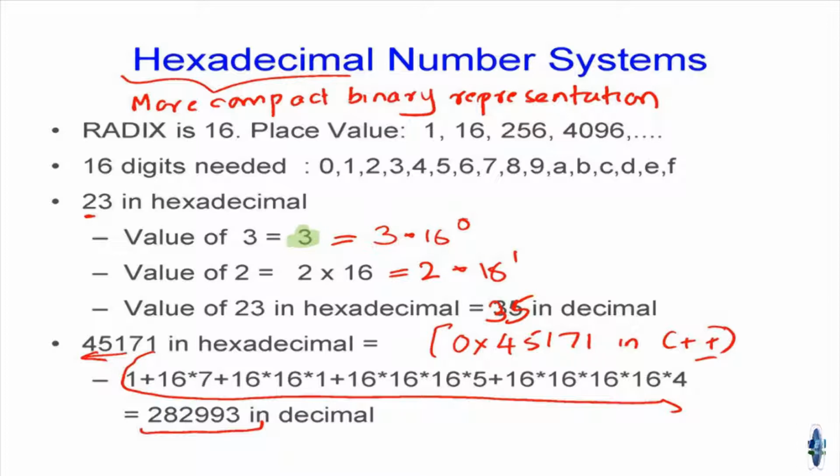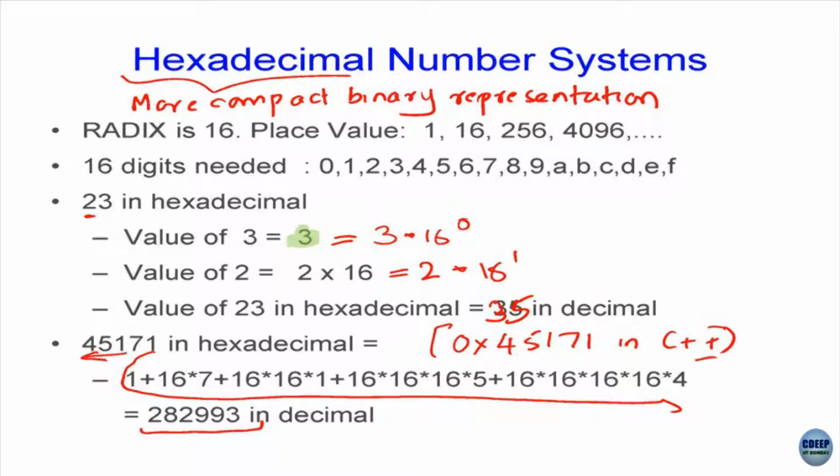So you sum up 32, that is 16 into 2, plus 3, so this is 35, that is the value in decimal. So 23 in hexadecimal corresponds to a larger value in decimal, obviously because you are allowed to use a lot more symbols. We did use only 2 and 3, but the 3 could have potentially gone up to F, and 2 could have potentially gone up to F again.